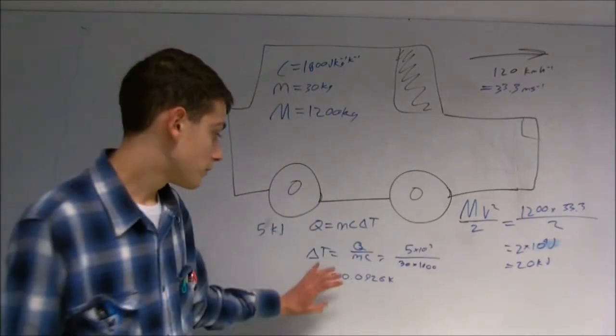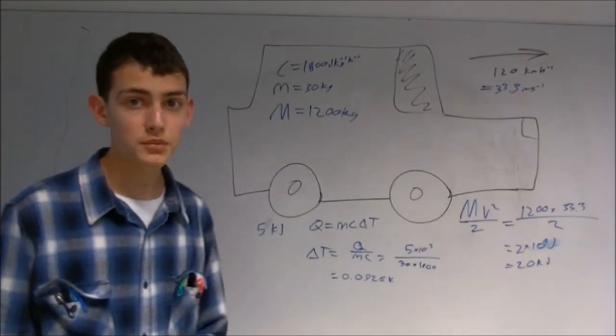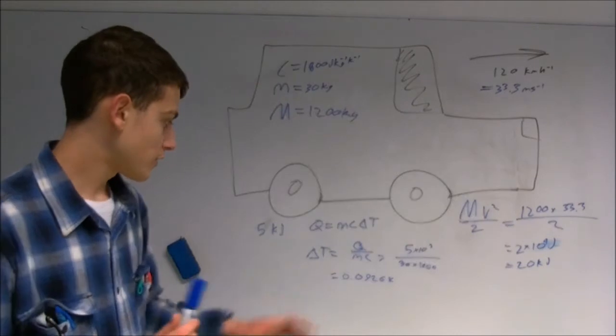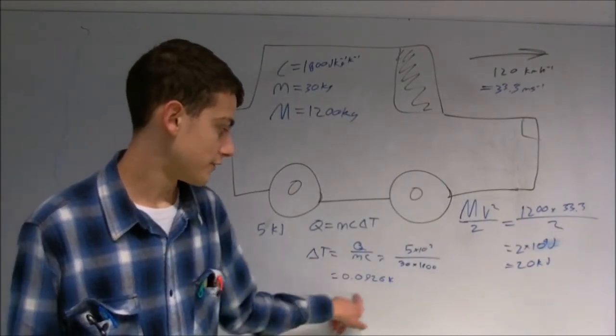And from here we can figure out its final temperature if we know its initial temperature. So whatever temperature it started out with, it's going to have this much more.